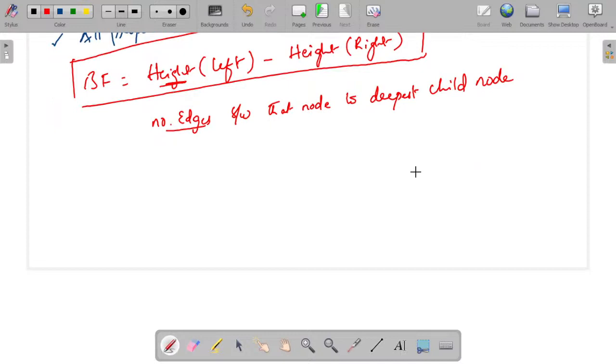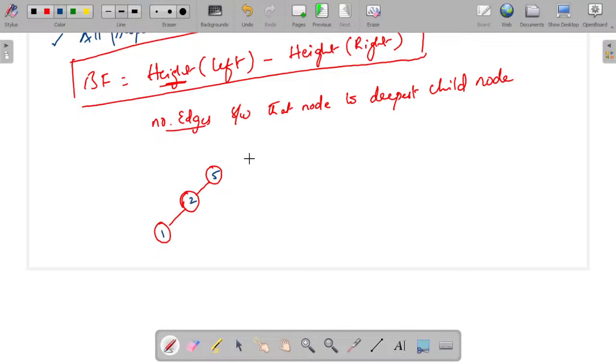let us say we have a tree like this. Okay. And let me fill in some values here. Let us say I have 5, 2 and 1.